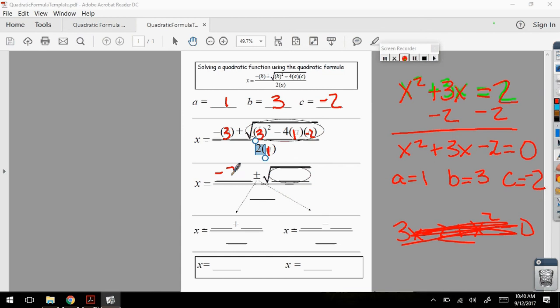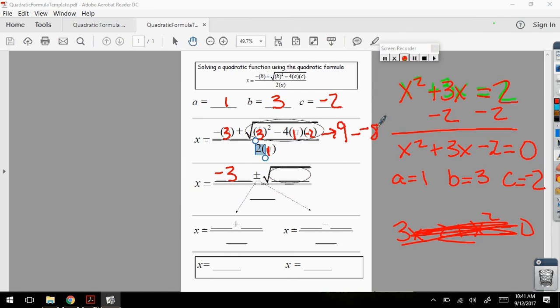Does everybody agree? Yes. All right, under the radical, that's why it's circled here, so you see that it's all that together. So 3 to the second power is 9 minus, what's 4 times 1? Negative 4. Times -2. It would be 8. Would it be negative 4? Because it has the minus 4 in there.